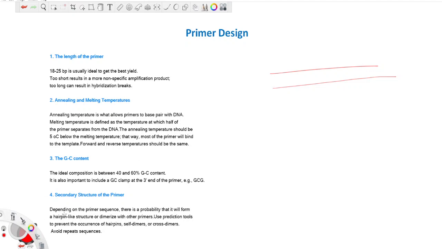For instance, if you have a sequence and you only have 4 base pairs of A, G, T, C, or let's say 5 base pairs like this, this is too short because there's a high probability that you're going to find a region like this in a larger piece of DNA, and too long as well, it may result in hybridization break.